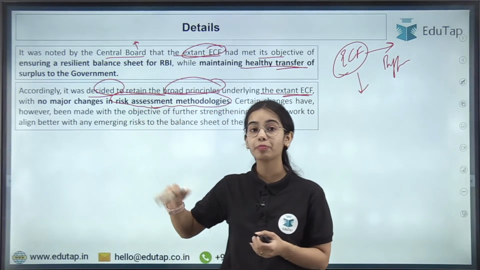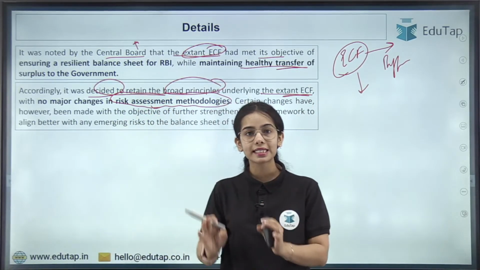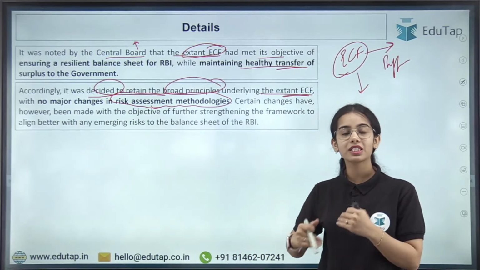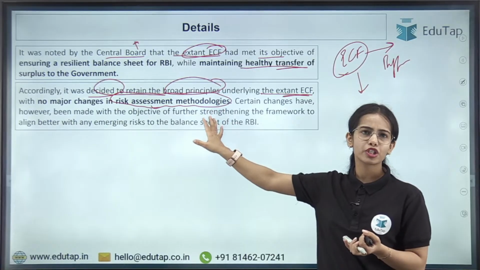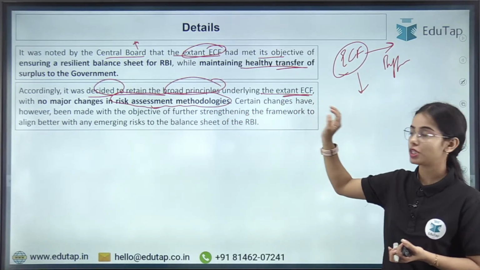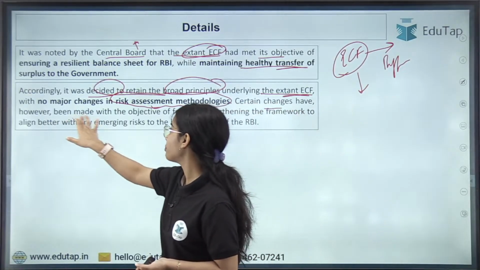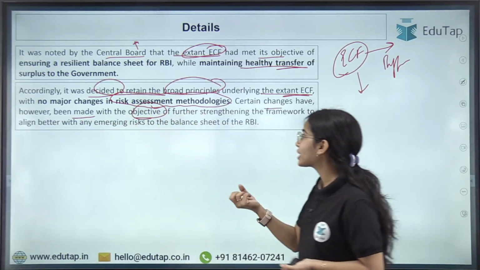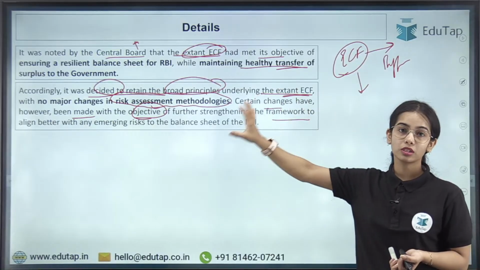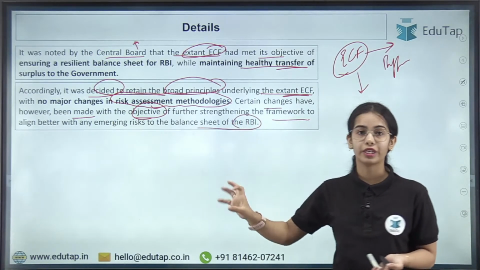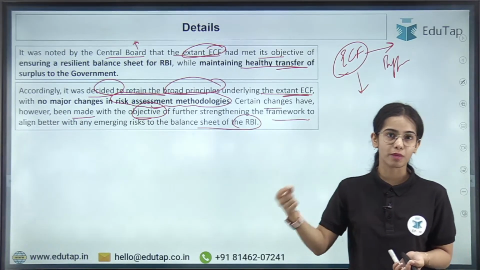So you can understand that the previous framework is so good that it is said we are going to follow its broad principles, with no major change in the risk assessment methodologies. Certain minor changes will be done. Certain changes have been made with the objective to further strengthen the framework, to align better with the emerging risk to the balance sheet of the Reserve Bank of India, and to provide flexibility to the Reserve Bank of India.